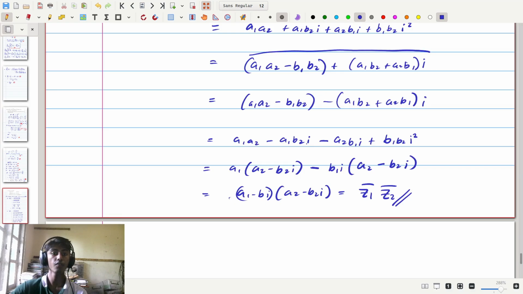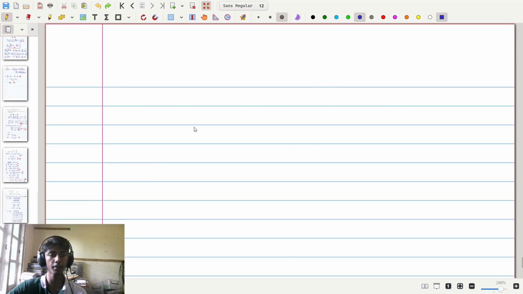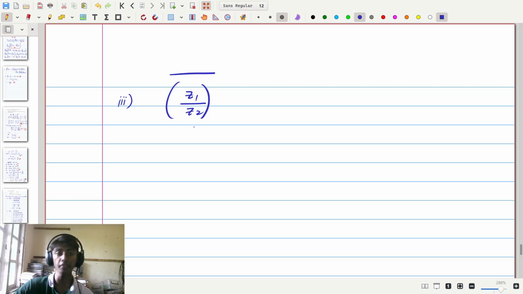And therefore we have proven our second identity, that the conjugate of z1 times z2 is equal to z1 conjugate times z2 conjugate. Now similarly, if we move to the third one, it says that the conjugate of z1 divided by z2 is equal to z1 conjugate divided by z2 conjugate.